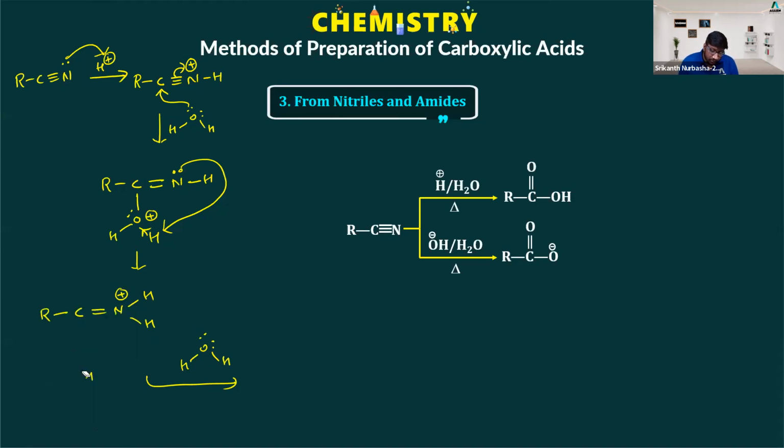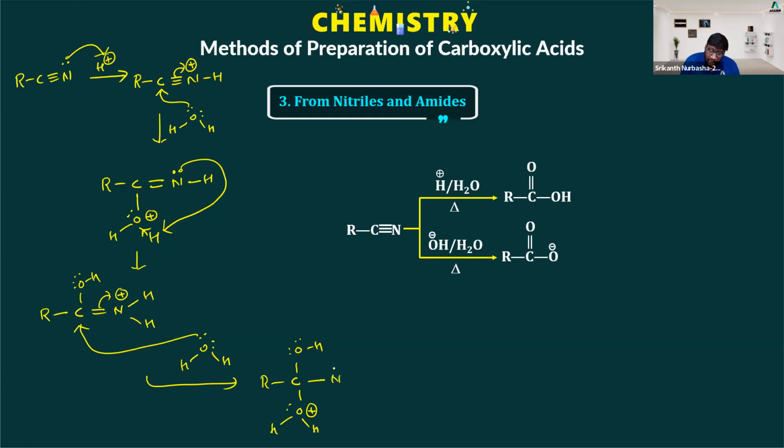Why will it attack? Because the pi electron density of carbon and nitrogen is moving towards nitrogen. So the lone pair of electrons on oxygen attacks, the pi electron is moving away, generating R C, where carbon is connected to one OH group. Carbon is also connected to one more oxygen, where only one lone pair is there, two OH bonds and a positive charge.